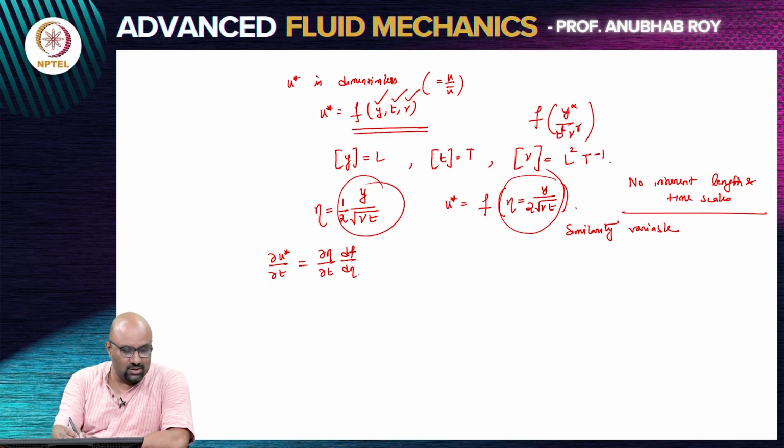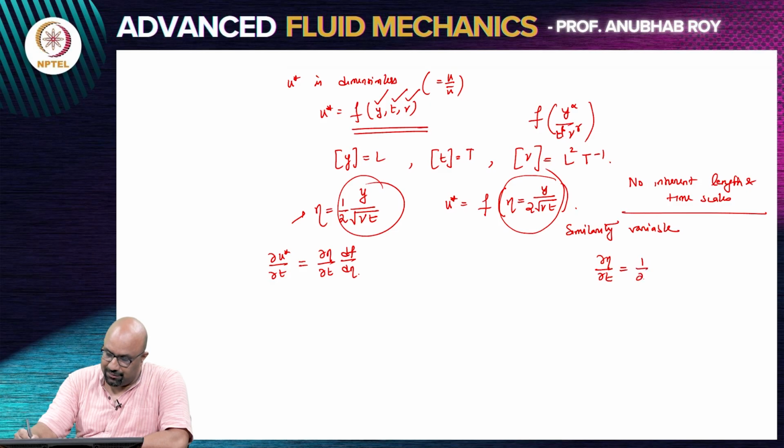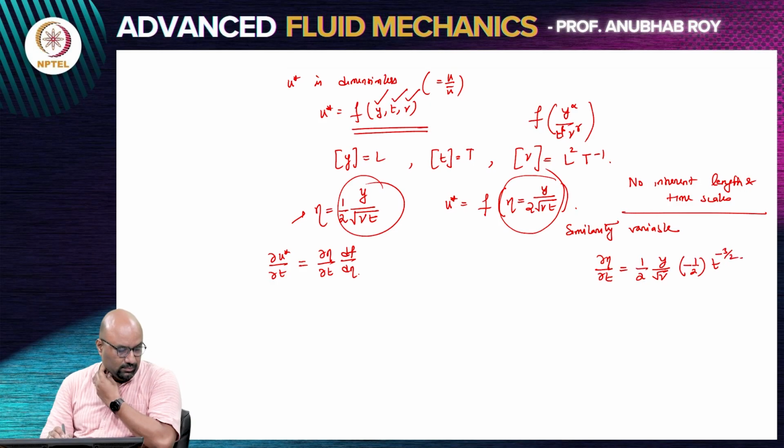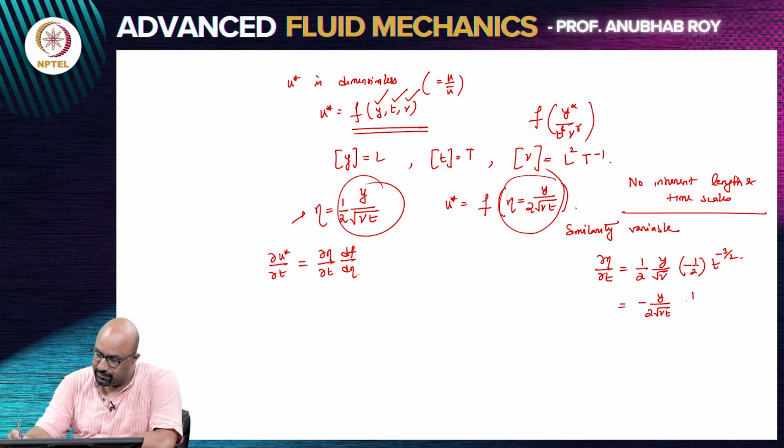And you can compute what is dou eta dou t from here. So dou eta dou t would be half y square root nu t to the power minus half. So if you do this, you have minus y by 2 square root nu t by 1 by 2t.